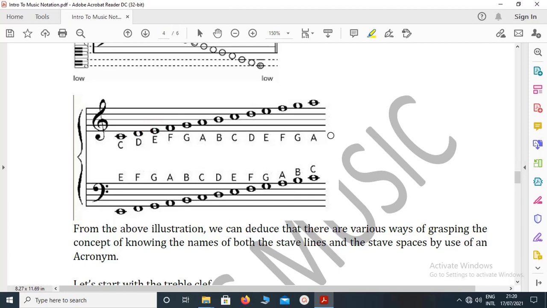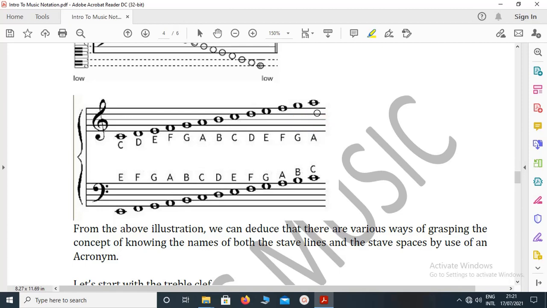When you are naming, you're supposed to name both the lines and the spaces. So if this is your G, then your A must be a space. Your B will be the next line above. Your C will be a space. The next one will be a line. So let the letters follow the line and space.